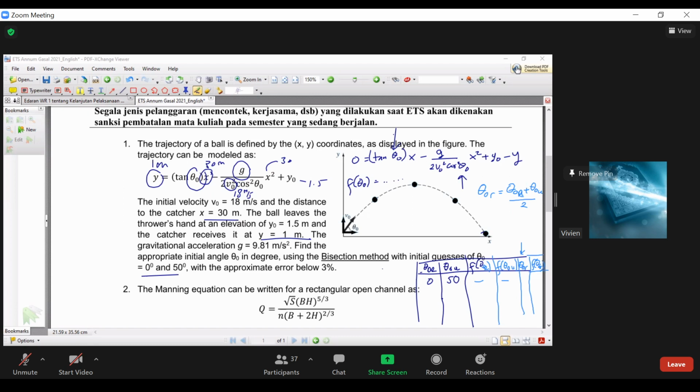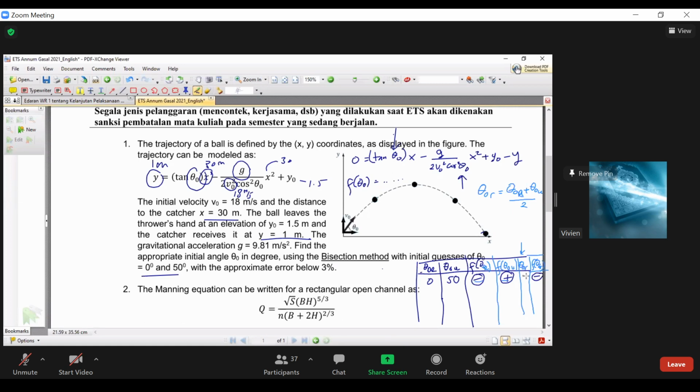So we have the value here, that will be negative. Yeah, so this value will be negative. And then we have the value here is positive. And this one, the value of the root here is negative. So that will be 25 for this value.